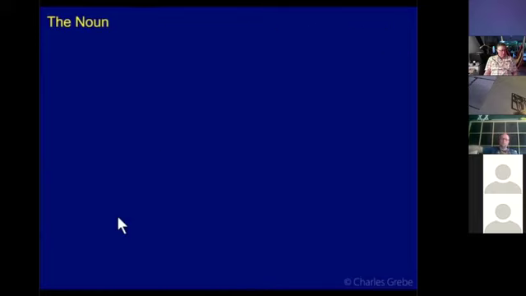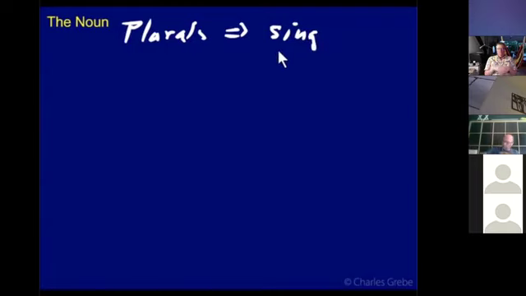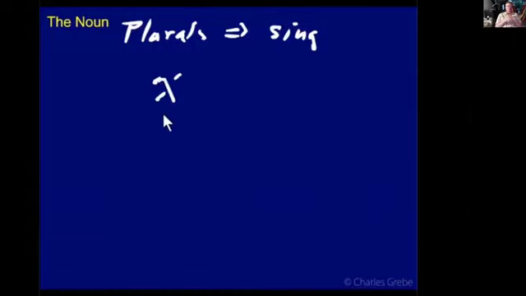Conversely, plurals can act as singulars, or can mean something singular. So plurals can function as a singular. The classic example of this is Elohim. We know this is plural, right?